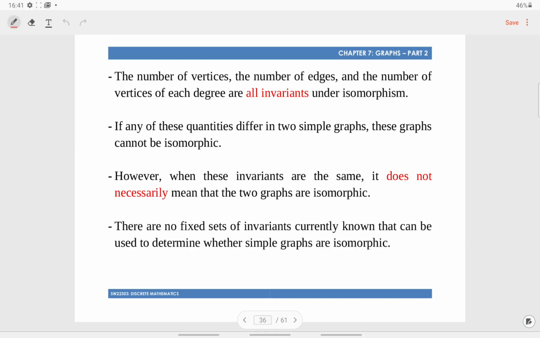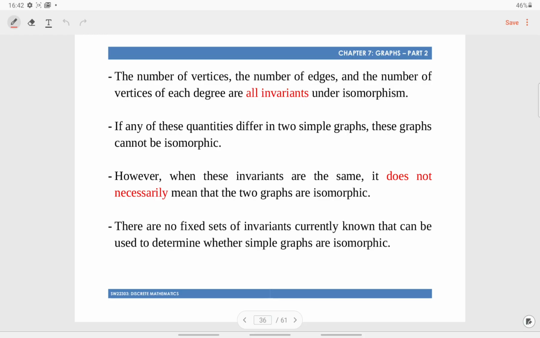However, when these invariants are the same, it does not necessarily mean that the two graphs are isomorphic. Although the given graphs can pass all these values, meaning the number of vertices is equal, the number of edges is equal, and the number of vertices of each degree is equal, we still cannot say that the given graphs are isomorphic, not yet, because we need to check back the definition of isomorphic.